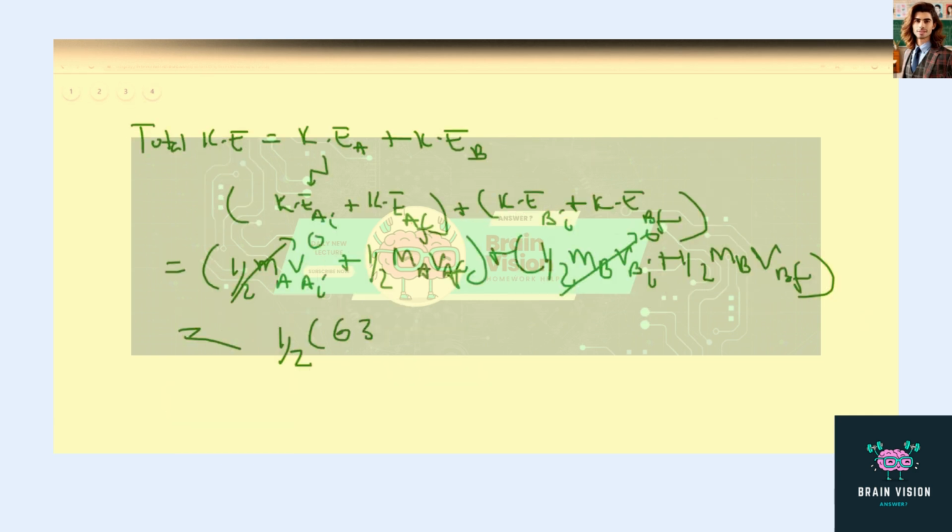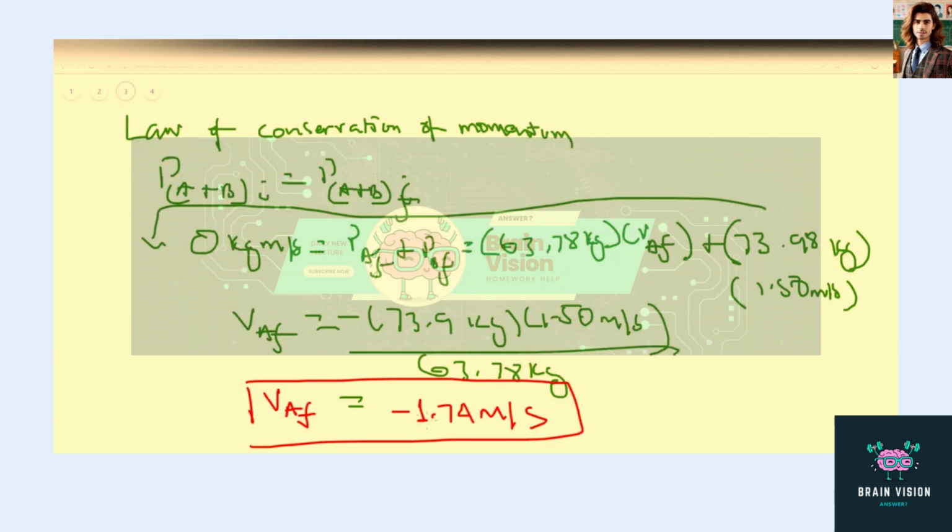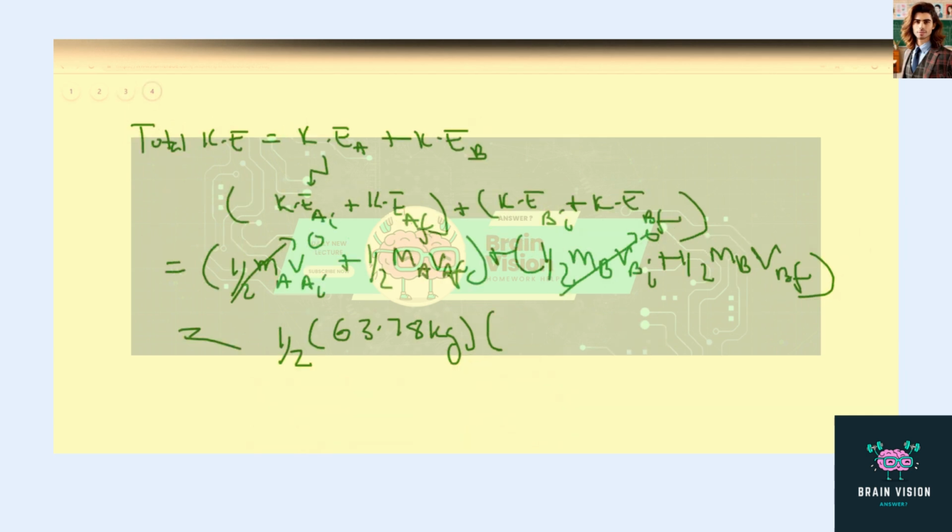63.78 gives us our mass times the velocity of A final, which we computed in the previous section. It happens to be negative 1.74 meters per second. Just to recall, velocity has to be squared in kinetic energy, so don't forget that.